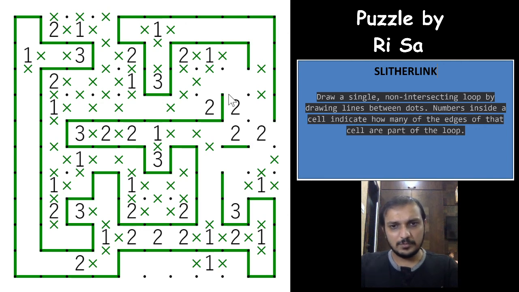No, am I missing something? Maybe I was right at this point, because oh yeah, this 2 gets a contradiction here. This 2 cannot have 2 loop segments. That's quite a complex one. So it will have to be this way, and which means that it will have to be this way. That's nice.